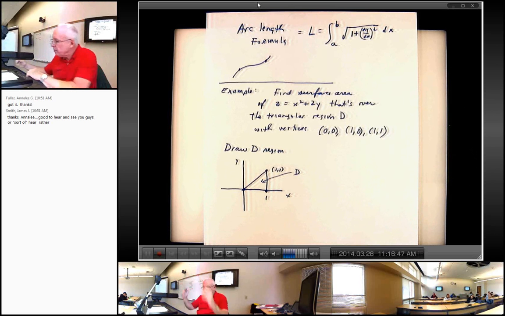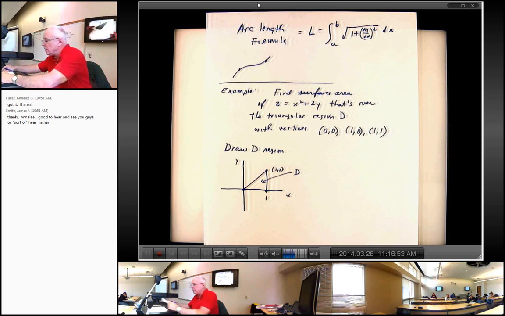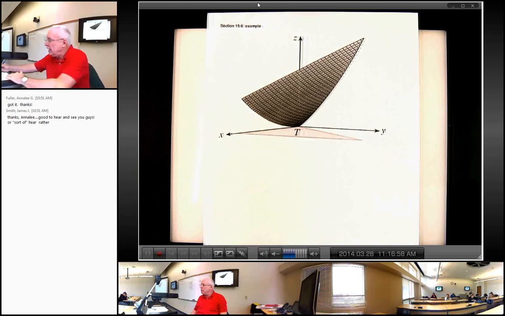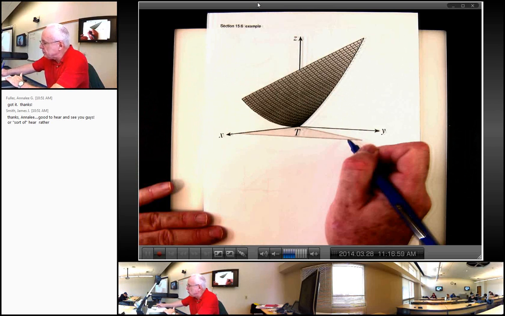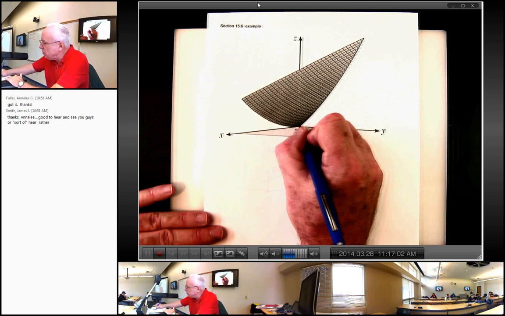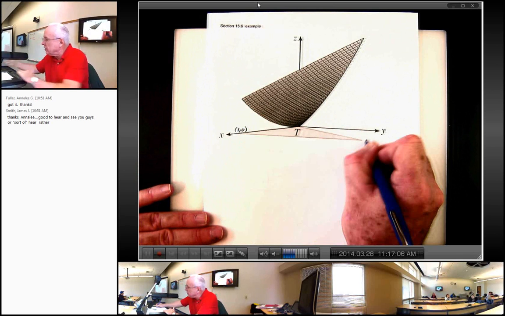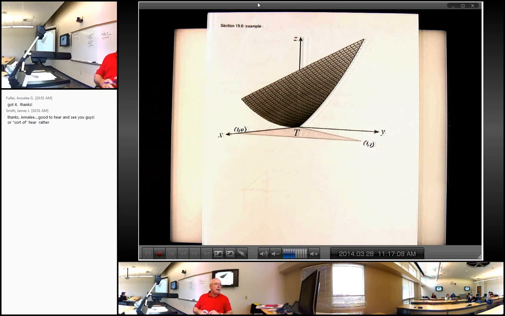I've got a little diagram of what this actually looks like. Here's our XY plane, and this is our triangle. This is, of course, (0, 0), this is (1, 0), and this is (1, 1). So that's our triangle in the XY plane.